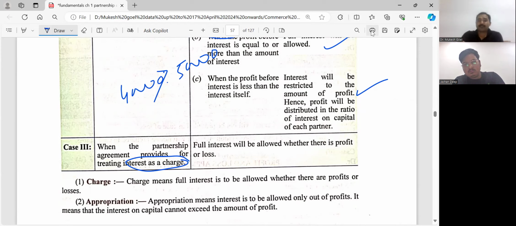If we are giving preference to interest on capital like this, then it means interest is a charge on profit and will be allowed whether profit or loss. Is that clear?